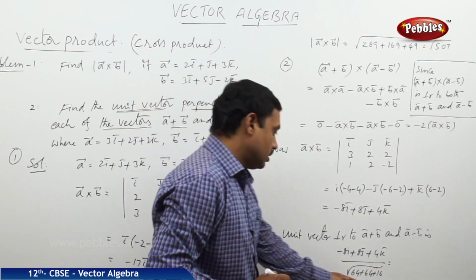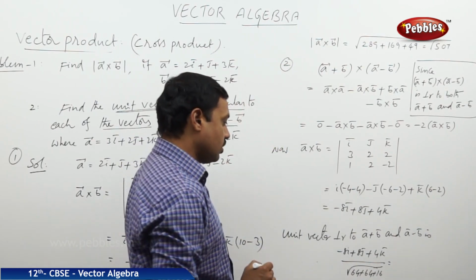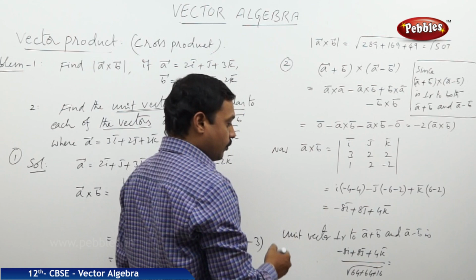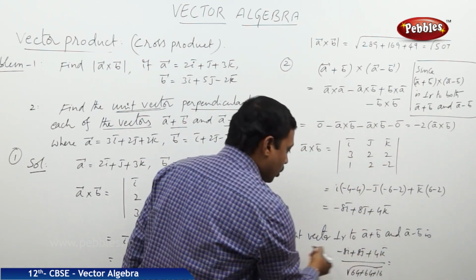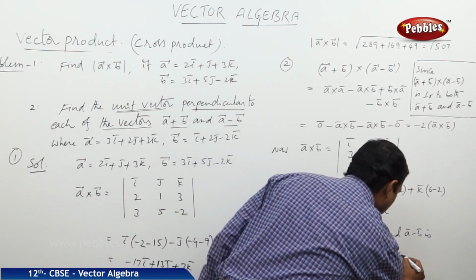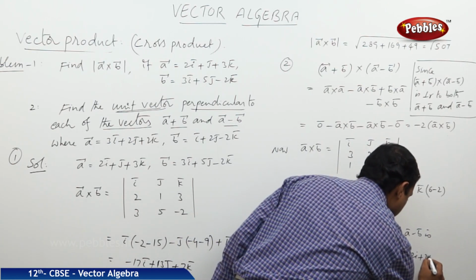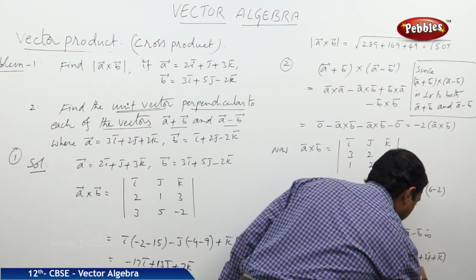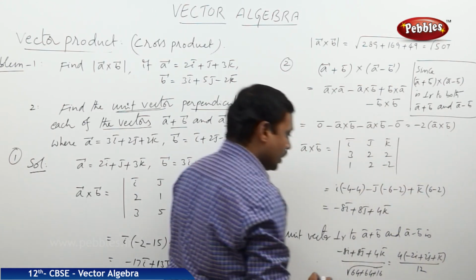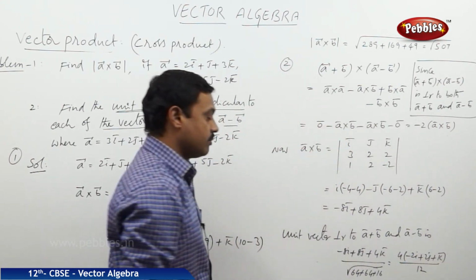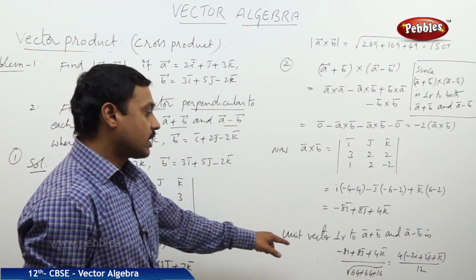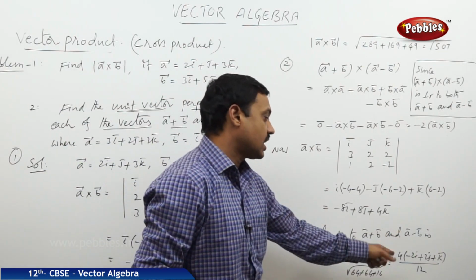What is that? 80 plus 64 is 144, root 144 is equal to 12. Here we can take 4 common in the numerator: minus 2i plus 2j plus k by 12. Now 4 cancels in 12, 3 times. So finally the required vector is minus 2i plus 2j plus k by 3.